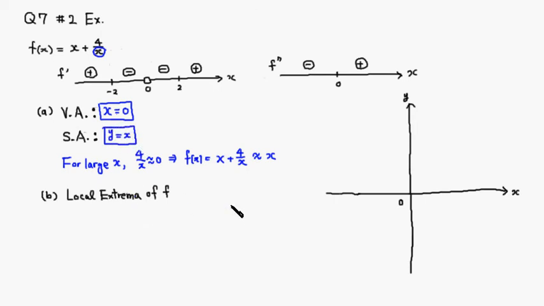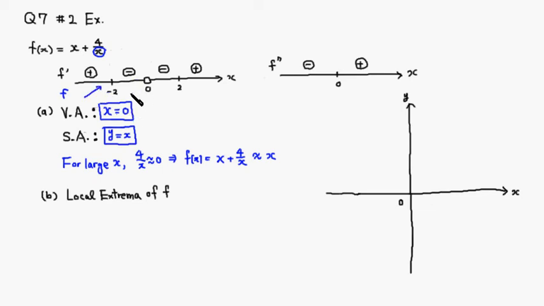Alright, then for part B, we need to find the local extrema, so the local max and the local min. Unfortunately, the sign chart is already done up here, so we just have to follow this. You can see that here, the first derivative is positive, which means that the original function f is increasing on this interval.